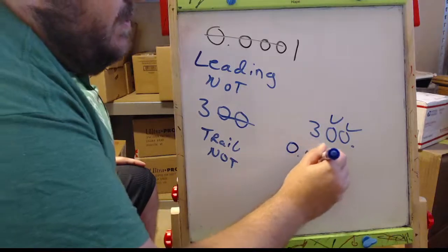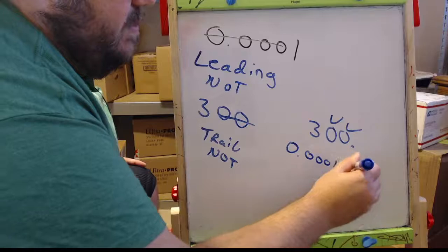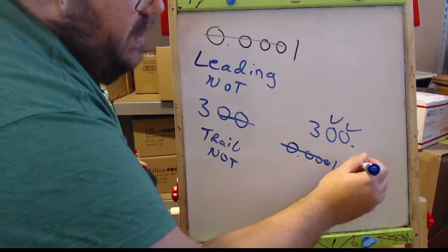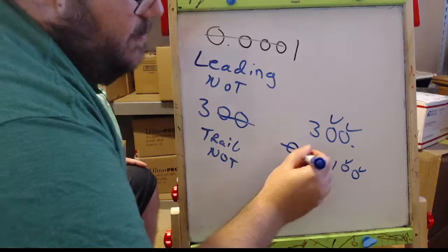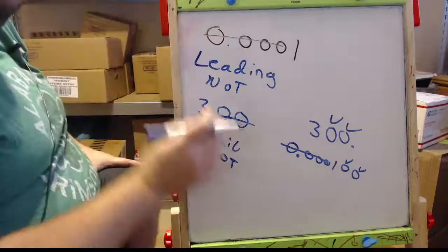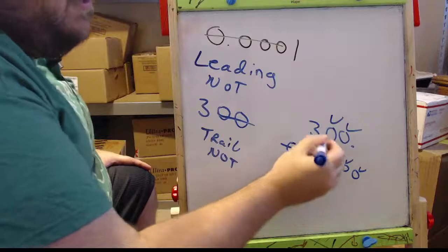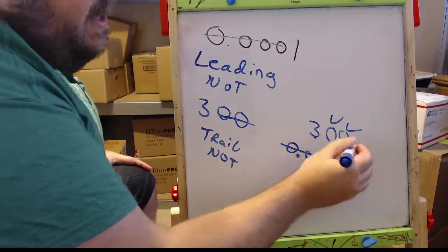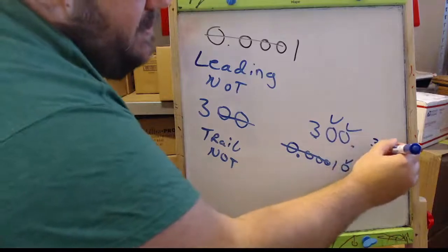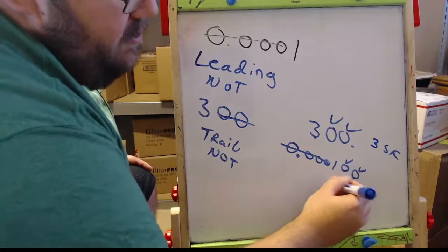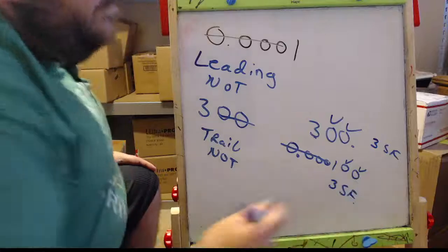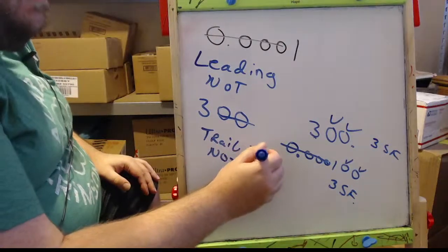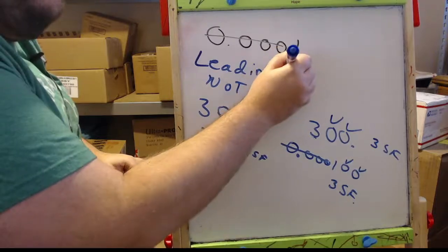If there's a decimal in the number, it doesn't matter where the decimal is. So let's say we have 0.000100. The leading zeros aren't, but the trailing zeros are because there's a decimal in the number. The rule is if there's a decimal in the number, find your first non-zero digit, and that digit and everything else is significant. So this would be 3 sig figs. This one would also be 3 sig figs. This one would be 1 sig fig, and so would this one.